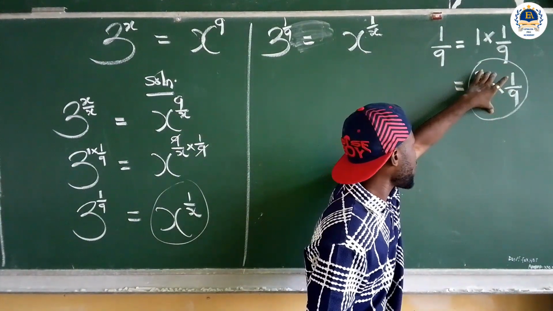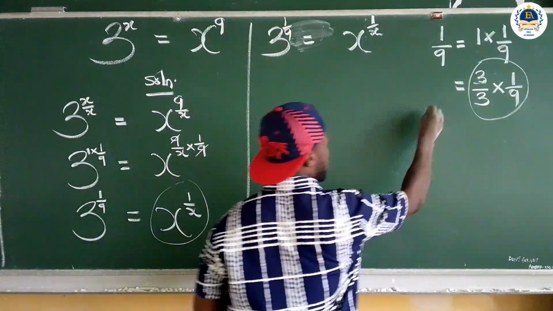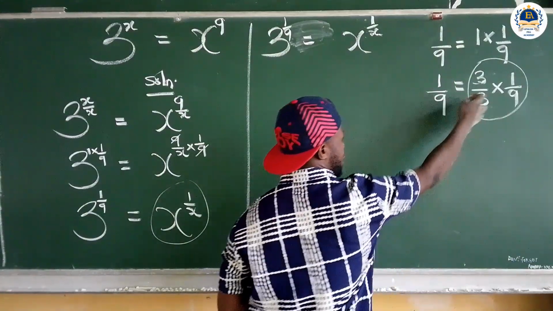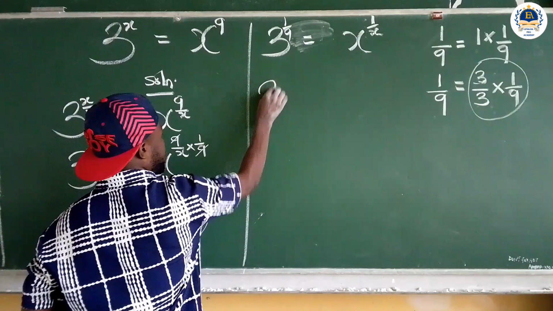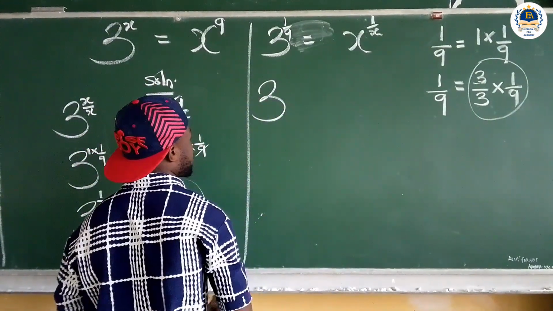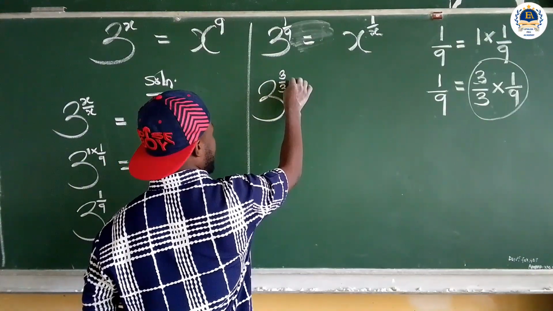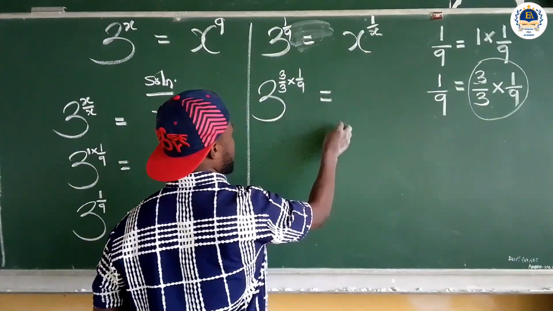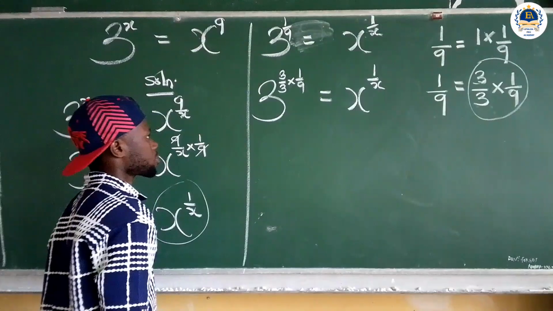But I'm bringing this power to replace this 1 over 9 here. Because 1 over 9 is this, I will say let 3 raised to the power of 3 over 3 times 1 over 9 equal x raised to the power of 1 over x.